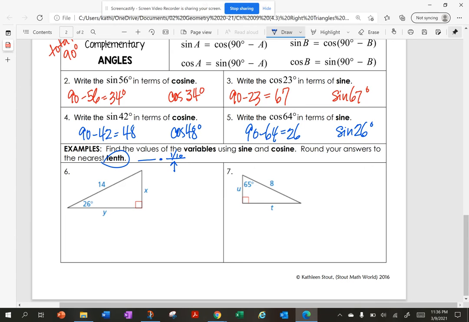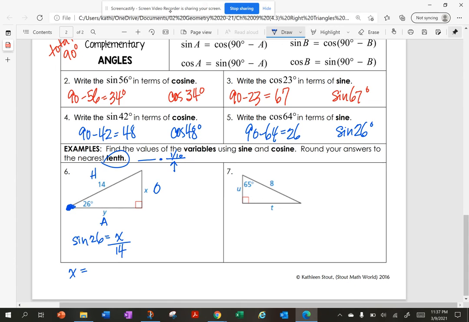Okay, so I'm going to start out with my reference angle being 26. So 14 is my hypotenuse, opposite, and adjacent. So I'm going to say the sine of 26 degrees is opposite, which is x, divided by the hypotenuse, which is 14.